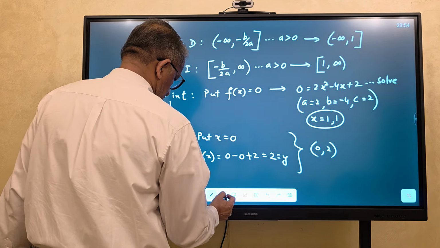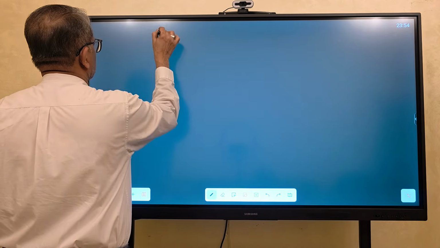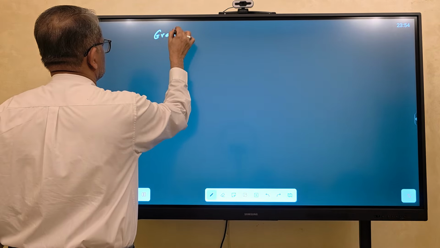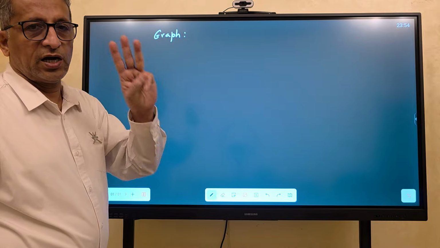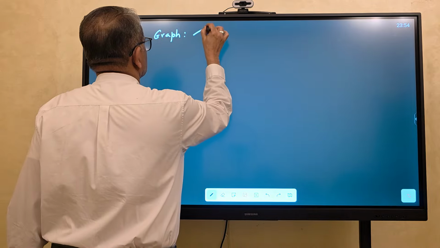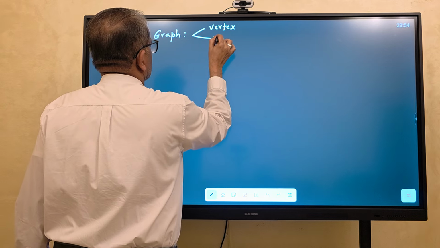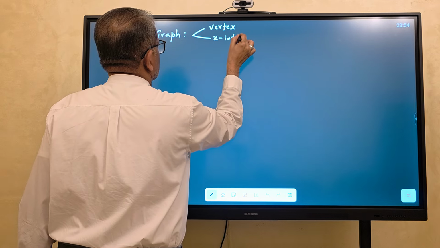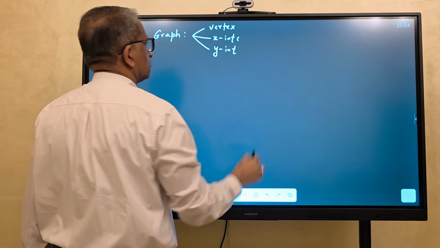Coming to the last question, that is the graph. Remember, to draw the graph, we are going to take 3 points: 1, the vertex; 2, x-intercepts; 3, y-intercept.